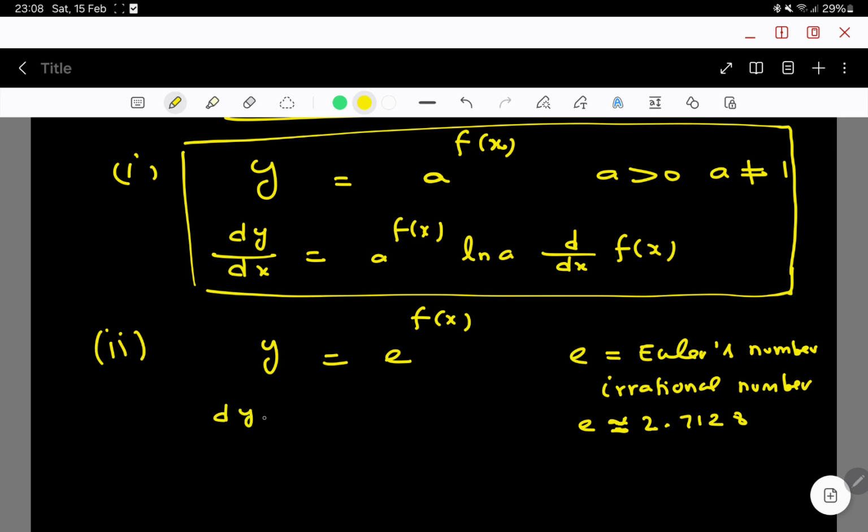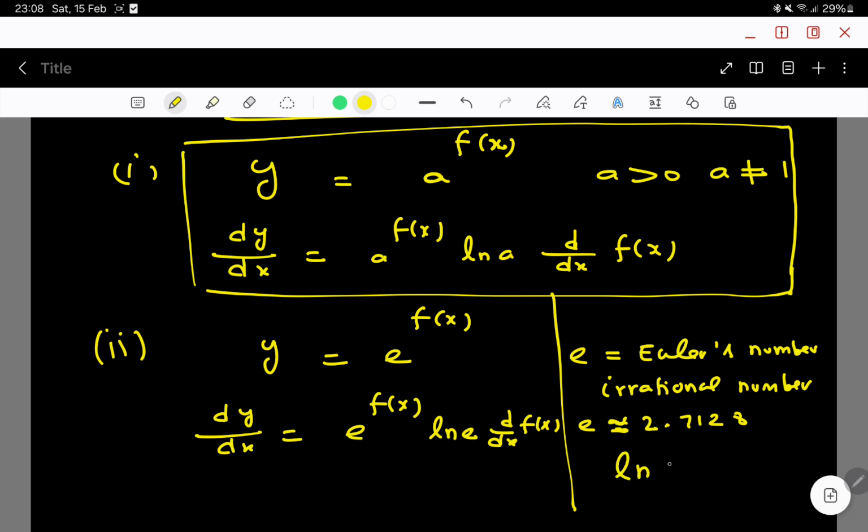To differentiate e power f of x, write e power f of x, ln e, again differentiate f of x, dy by dx of f of x. But ln e value is 1. ln means the base is always e, that is called natural logarithm.